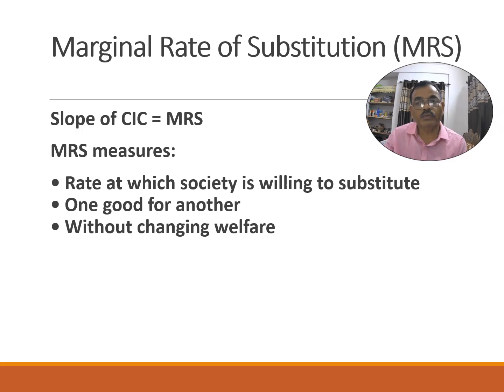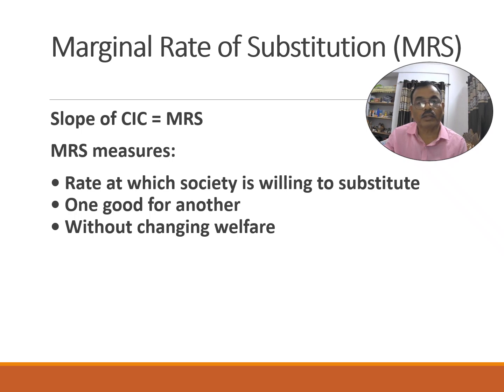It is important to distinguish this from marginal rate of transformation, that is MRT. So MRS is the slope of the community indifference curve, whereas MRT is the slope of the production possibility frontier. MRT represents opportunity cost from the production side.